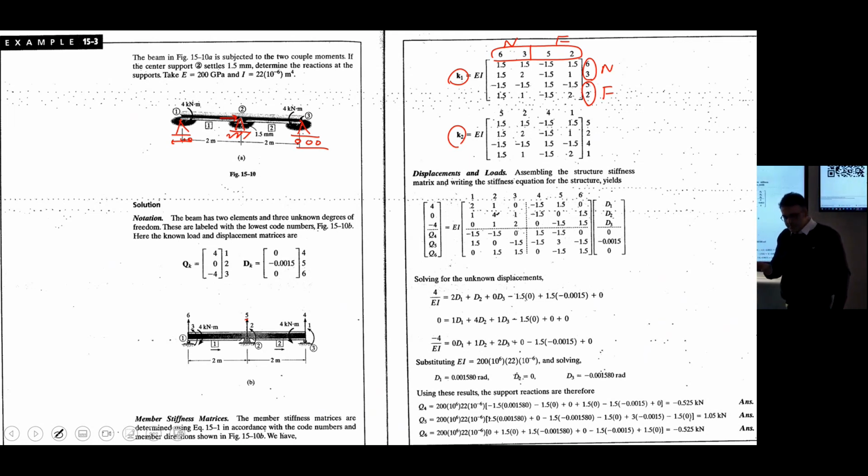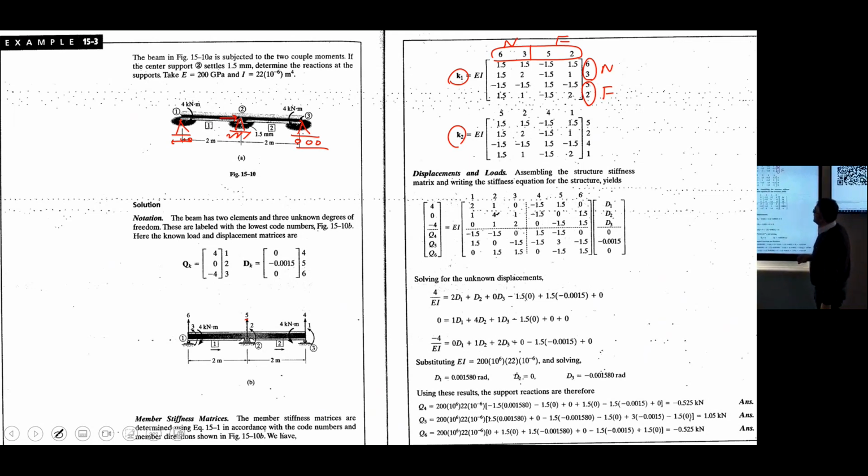For near end, the first one is transverse vertical deformation, the second one is the rotation. 6 is vertical, 3 is rotation, 5 is vertical, 2 is rotation, just to be consistent with the first slide, that 4 by 4 that I'm mapping here.